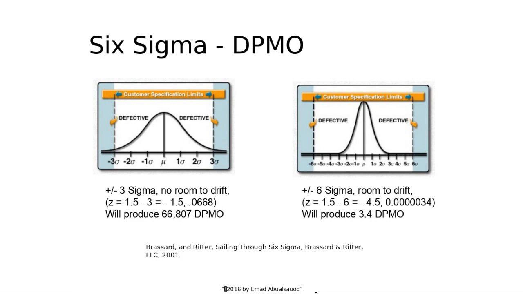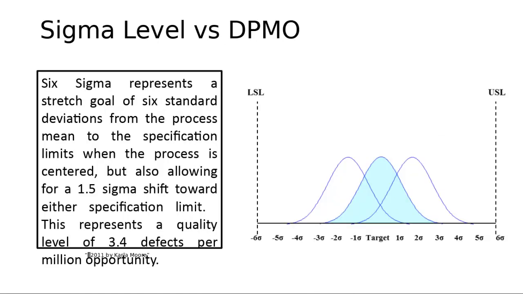If the food arrives in 10 minutes, that means you are here in this area. If you are receiving food in 5 to 10 minutes, but every time it is like 42 or 43 or 40 minutes, you will be almost here in the tight region, because at this Sigma level there is a tight room away from the specification, whereas here you have a wide room to move around the specification limits.